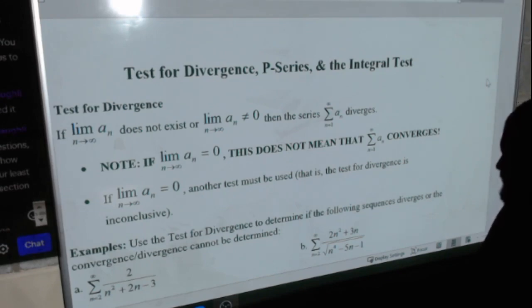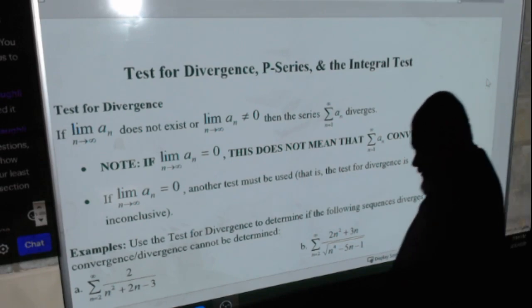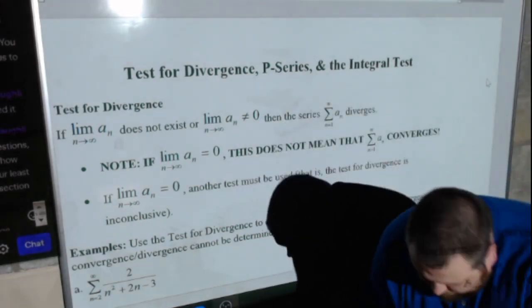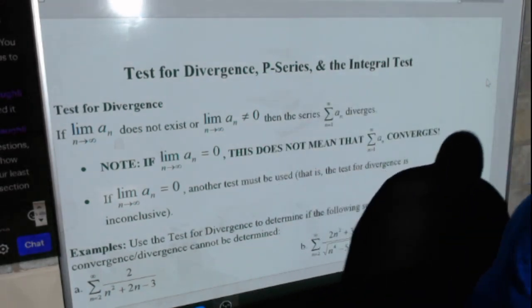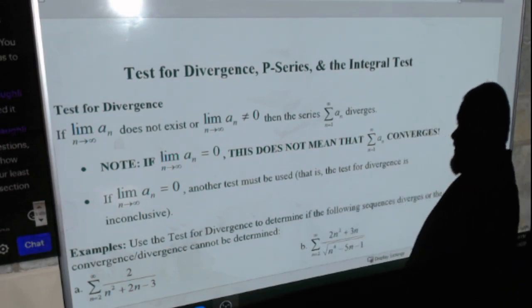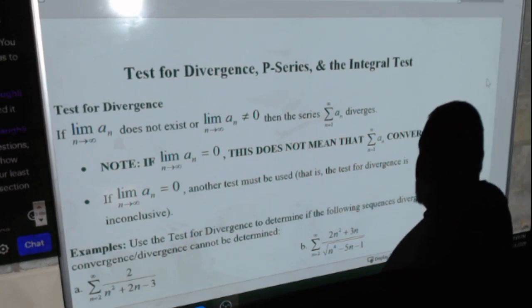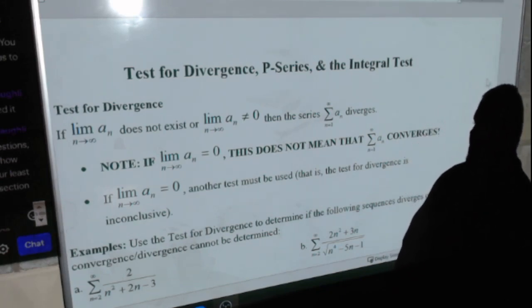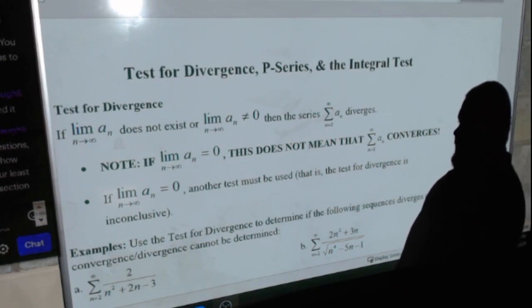It will not help you in terms of convergence. And that's the most important part of this, because eventually I have to test you guys on this stuff. And so at that point, you can use this, but only if a series diverges.